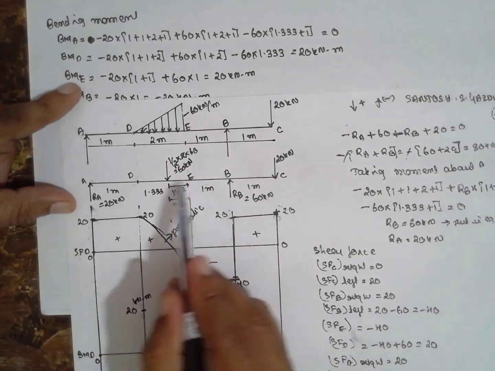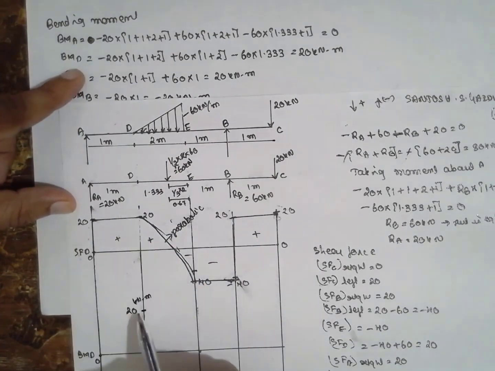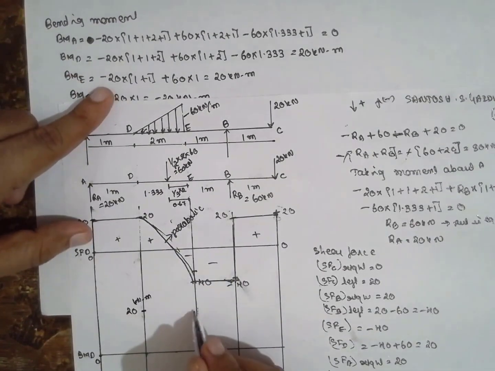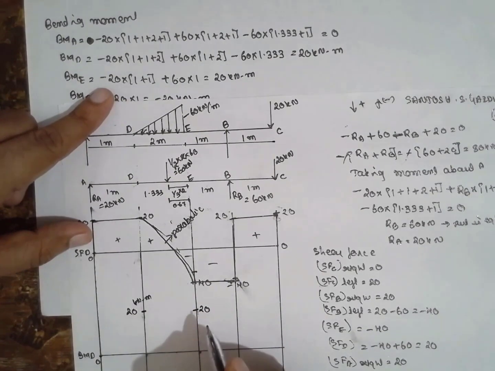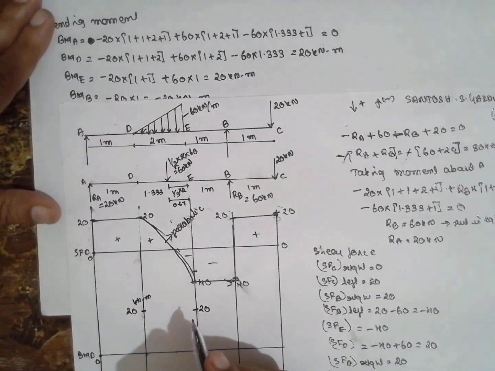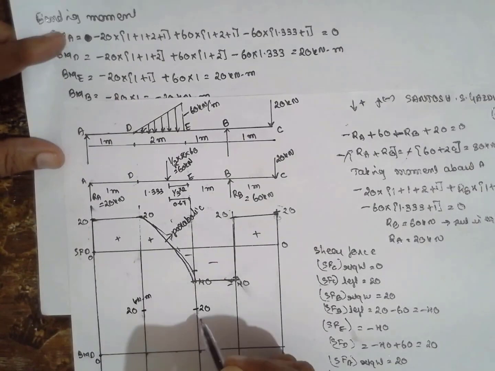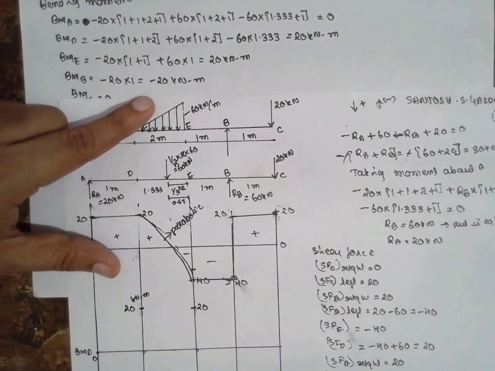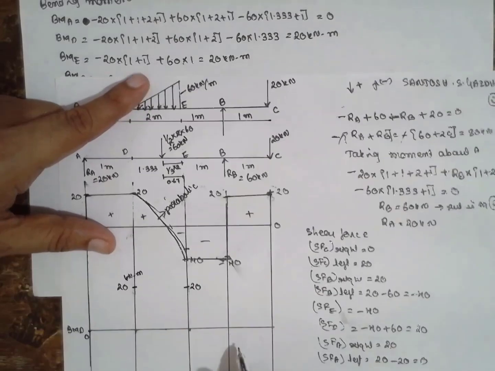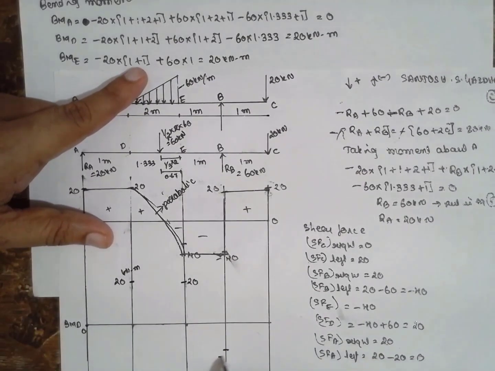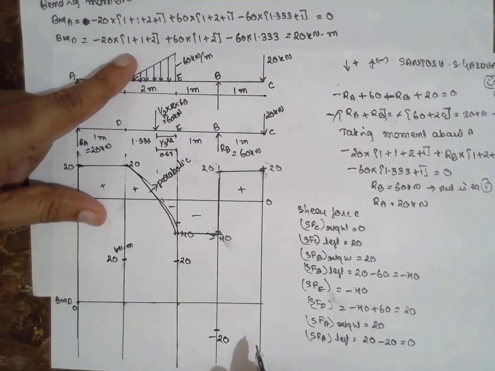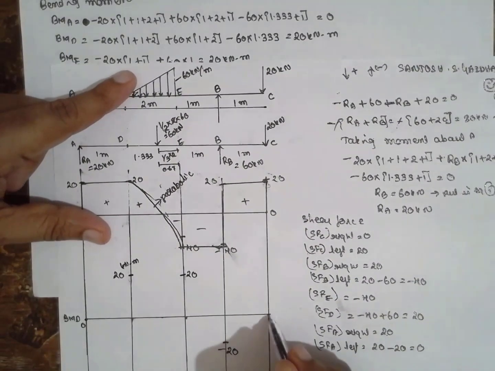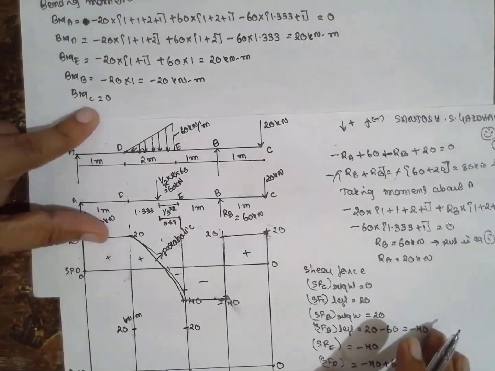At D it is 20. At E is 20. At B is minus 20. Minus 20 means here minus 20. Next here it will be 0.